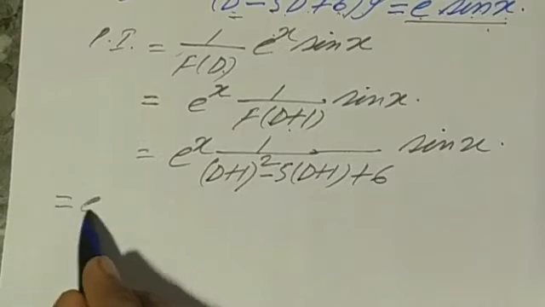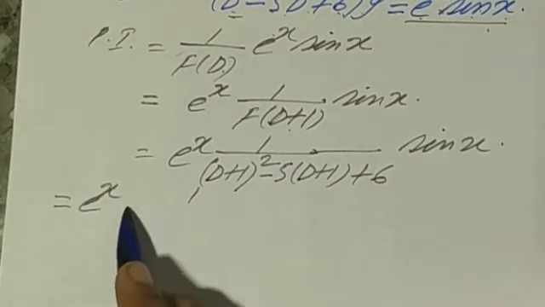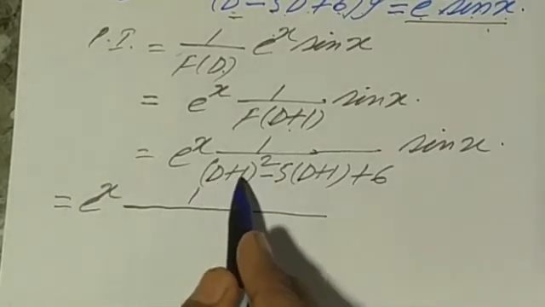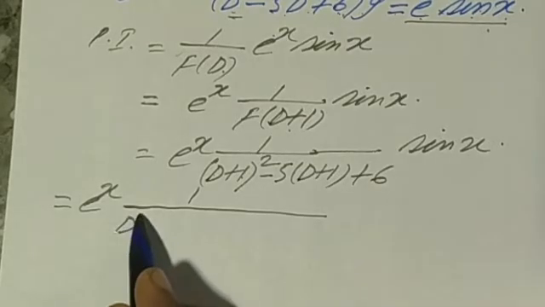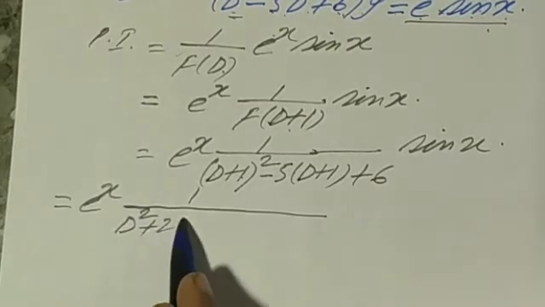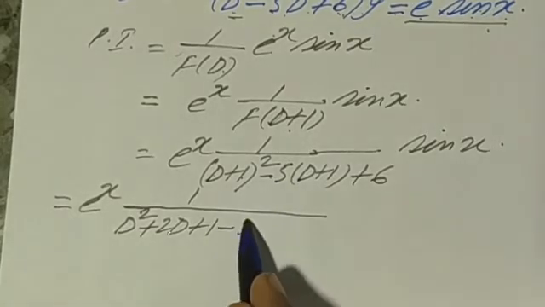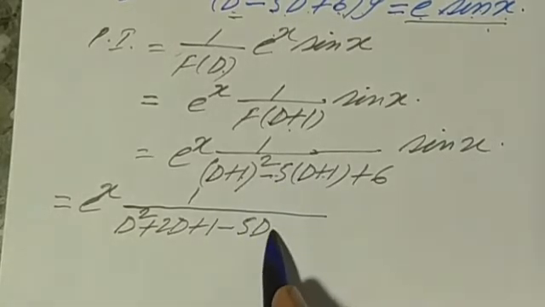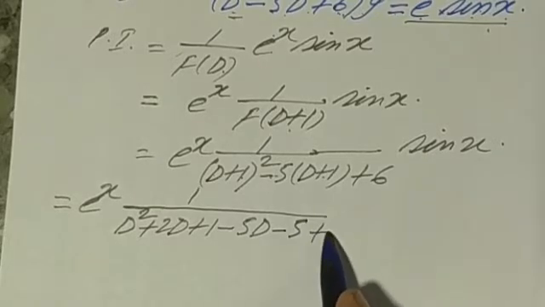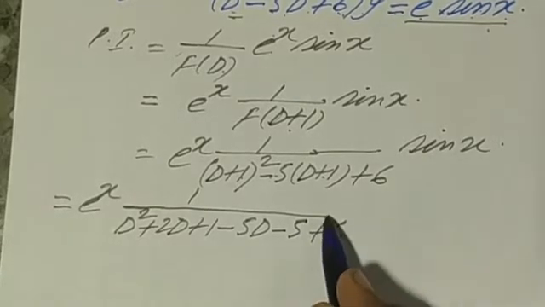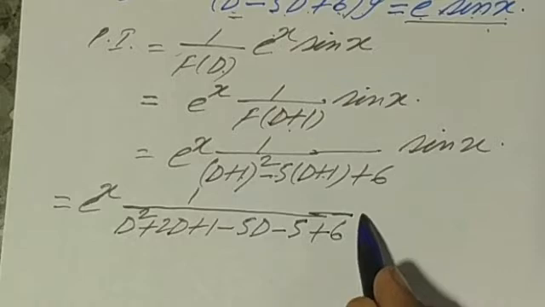So e raised to the power x, and first we need to simplify this. (D plus 1) whole square is expanded as D square plus 2D plus 1, and minus 5D minus 5 plus 6, sin x as it is.